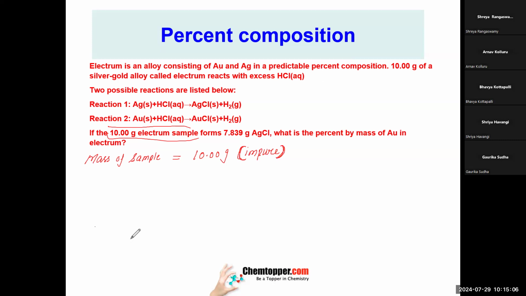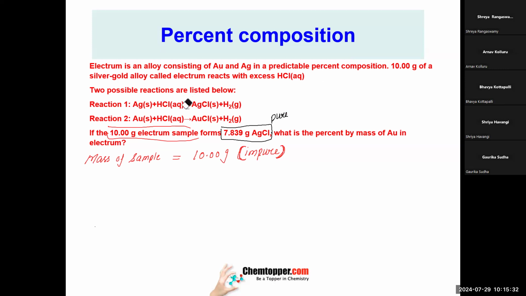Yes, children, what else is given? And this is pure AgCl, pure. And this you are getting after this reaction. Is this reaction balanced? No. So balance it first, then we'll talk about it.